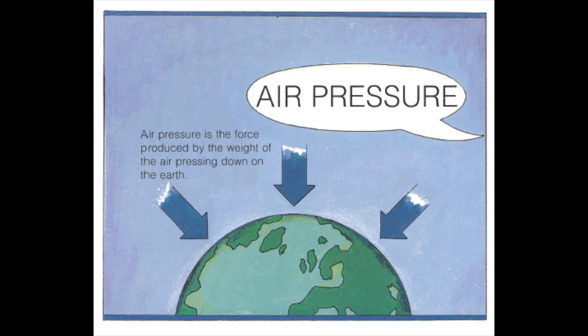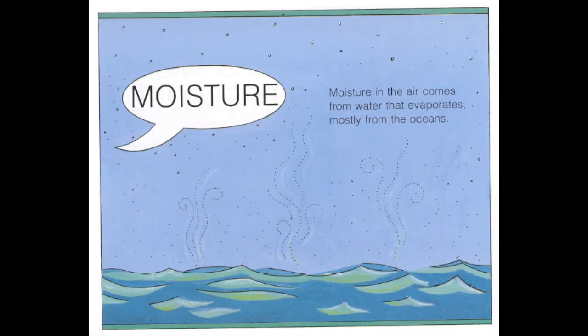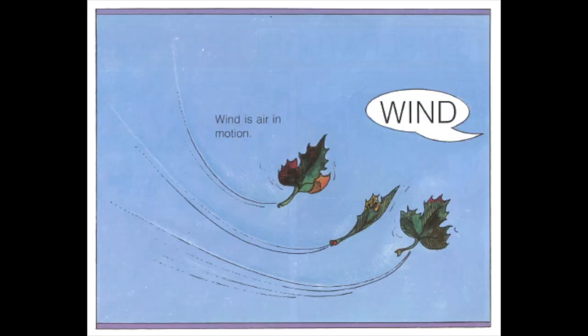Air pressure is the force produced by the weight of the air pressing down on the earth. Moisture. Moisture in the air comes from water that evaporates, mostly from the oceans. Wind. Wind is air in motion.